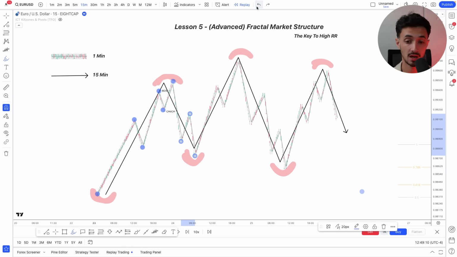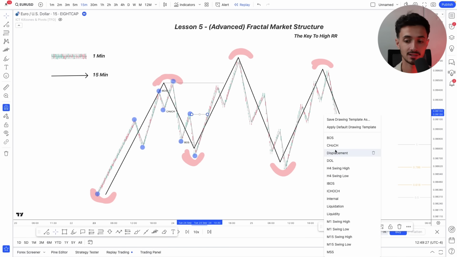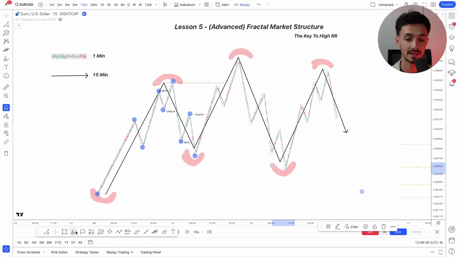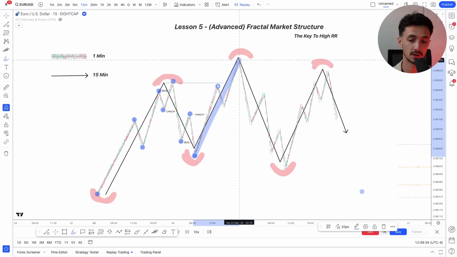And then at some point in time, you'll get the shift. You'll get the bearish break of structure on the 1 minute time frame, right? Because the 15 minute is pulling back. And then before the swing high is even taken out on the 15 minute, you'll get a 1 minute change of character like this. And this change of character tells you that now the 15 minute is reversing. So the higher high, we know now that the 15 minute is going to put in the swing high.